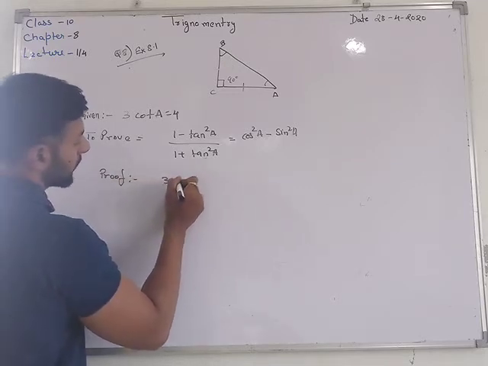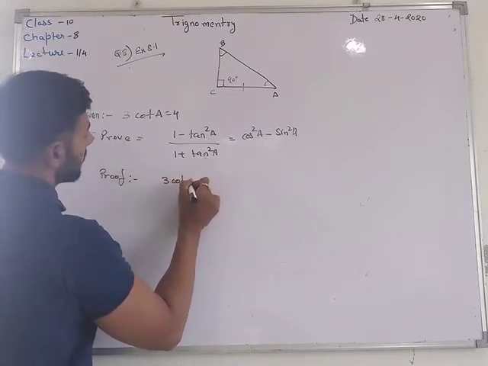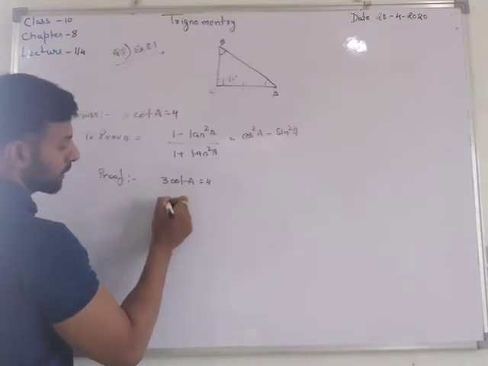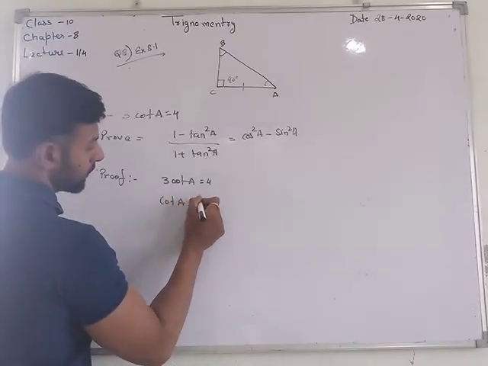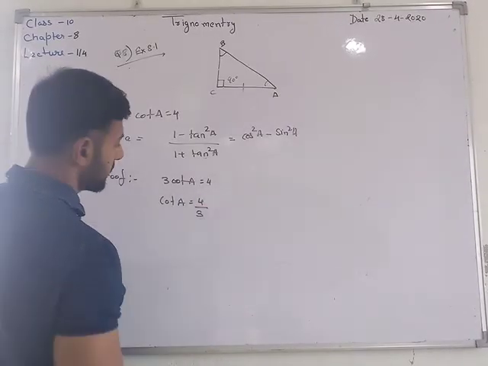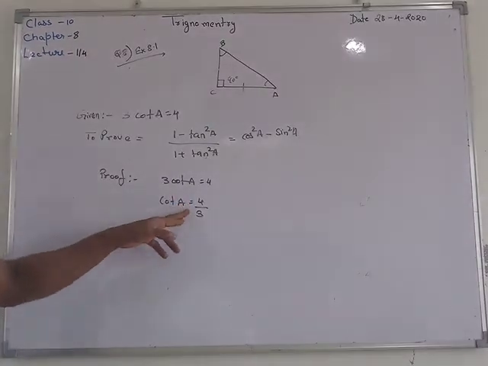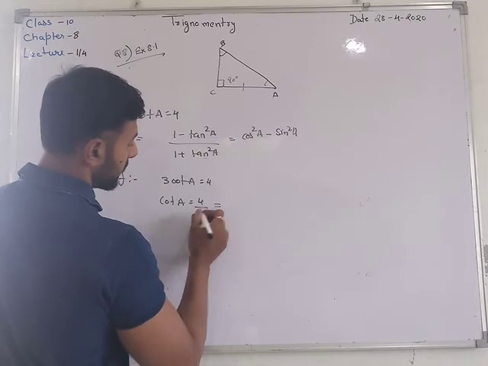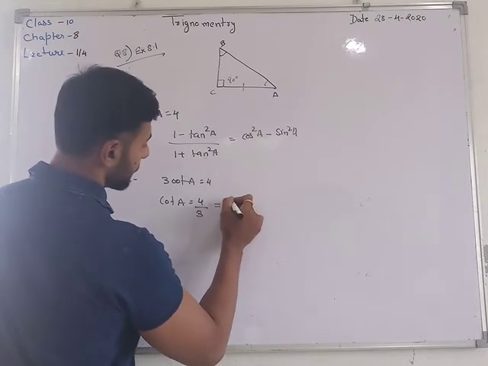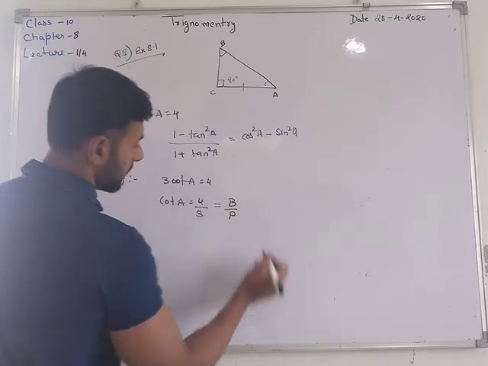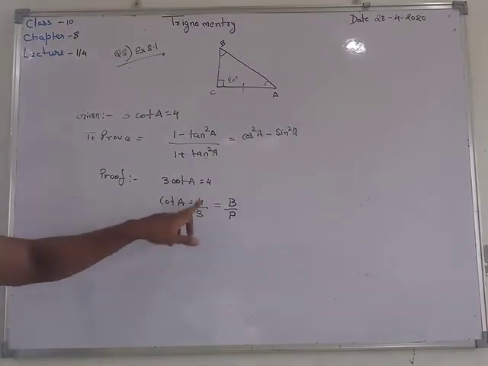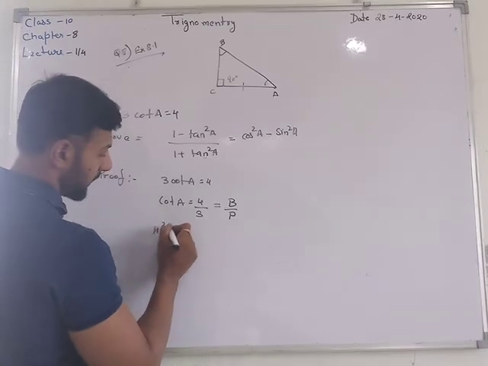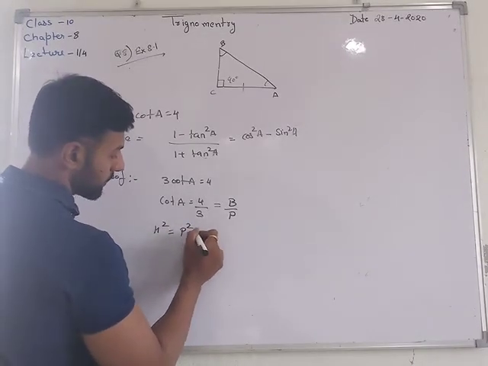Now the proof. Taking 3 cot A is equal to 4. Taking this 3 in the denominator, cot A is equal to 4 by 3. This will be base upon perpendicular. Cot A is equal to base upon perpendicular. Let's find out the hypotenuse by Pythagoras theorem. H square is equal to P square plus B square.